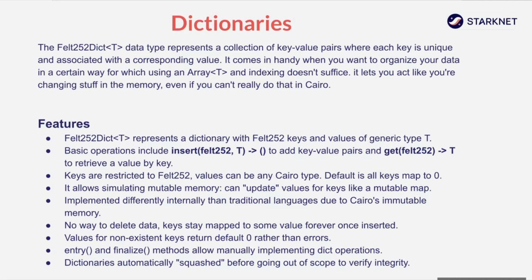So the default values for keys are zeros. It's not going to return undefined, or an error for you. Otherwise, it's going to return 0. So it allows simulating mutable memory, updating values for keys like an immutable map.